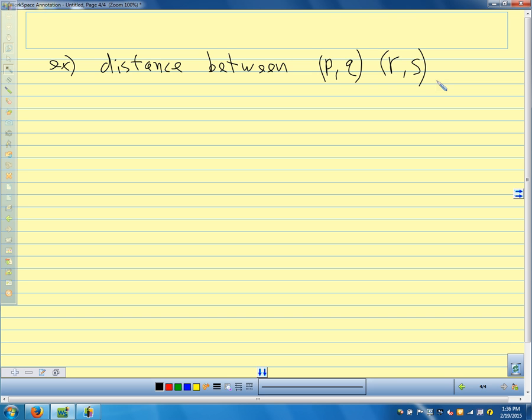Well, we don't let this bother us. We know how to use the distance formula. So I'm just going to label the points just like before: x1, y1, x2, y2, and plug those into the distance formula.